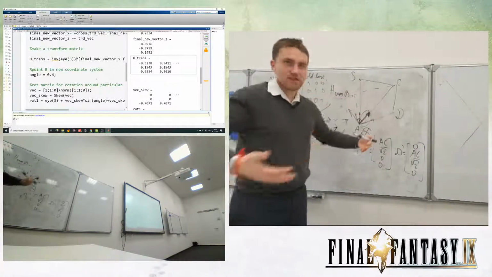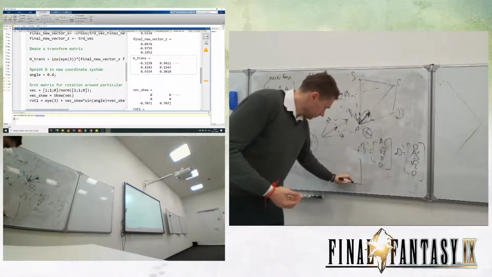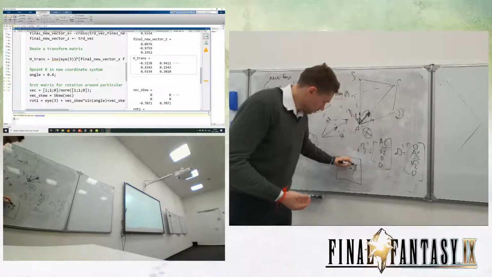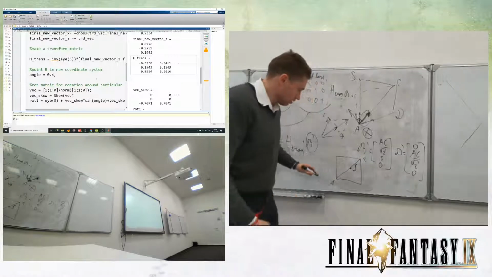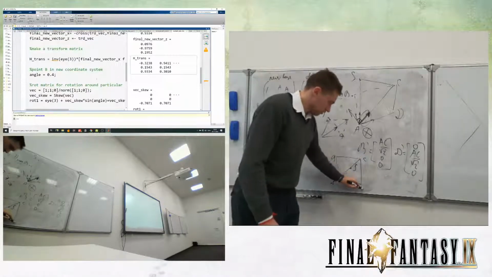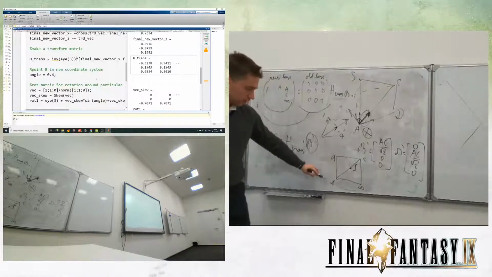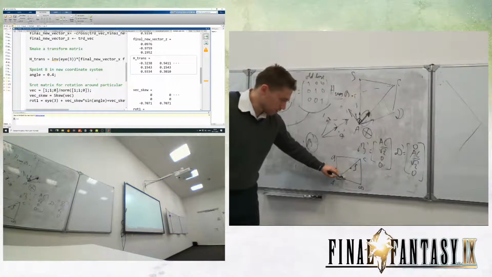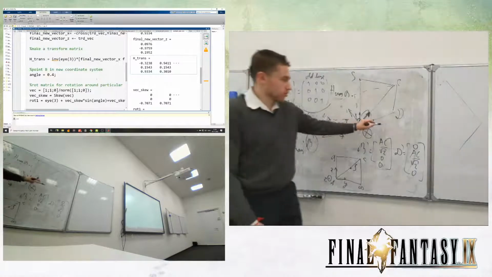Let's make a top view. Somewhere it's A, C, B, D. What we decided is that, okay, this is our X, this should be our Y, and our Z will be, do you know this notation?